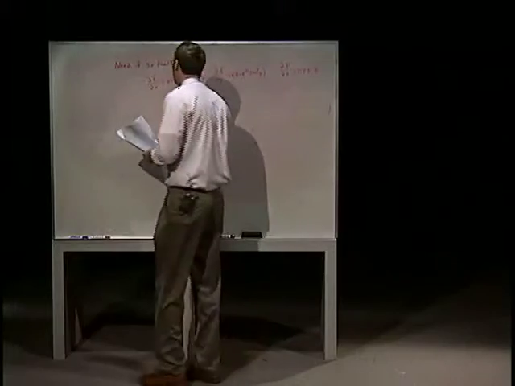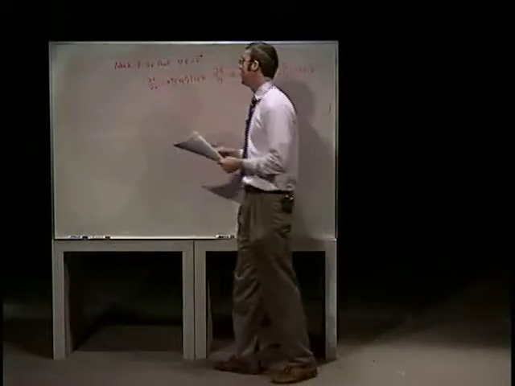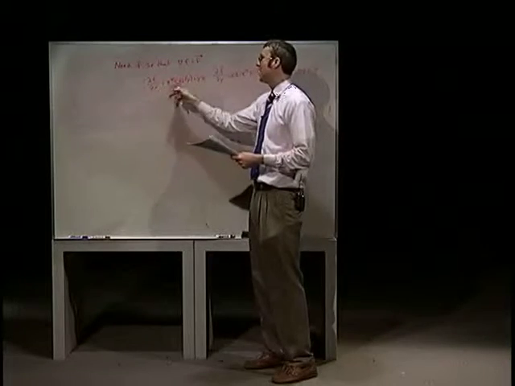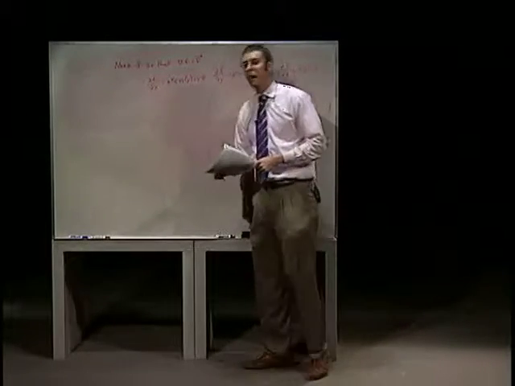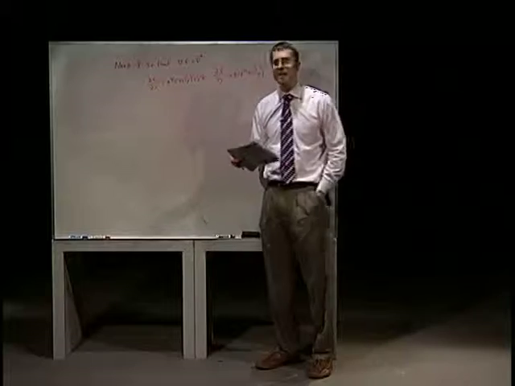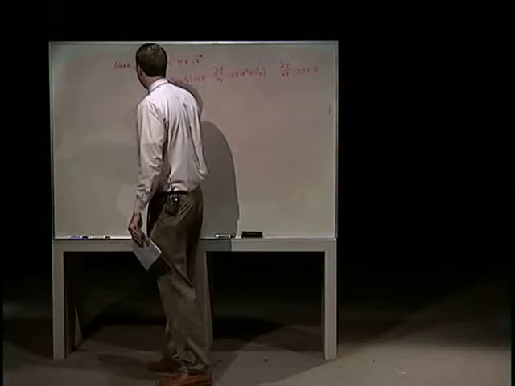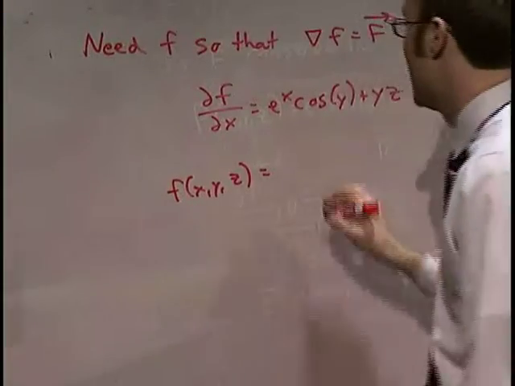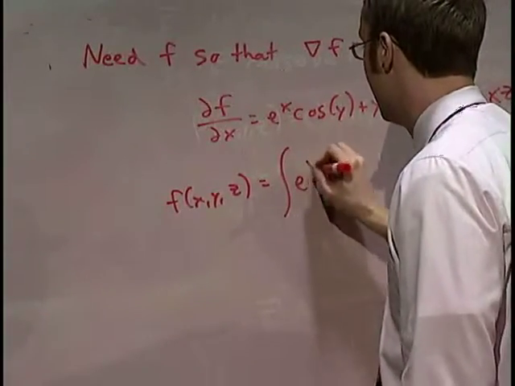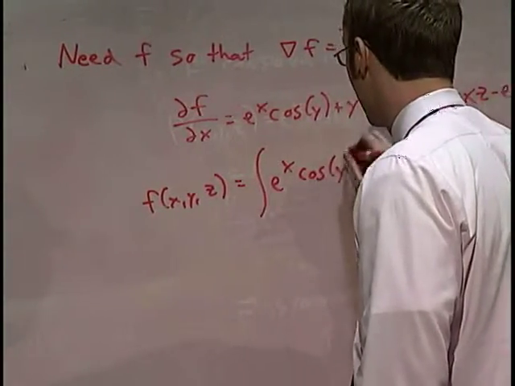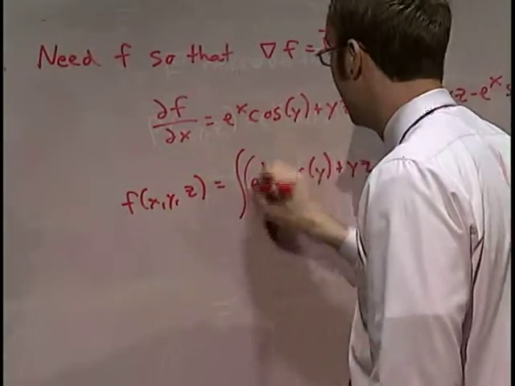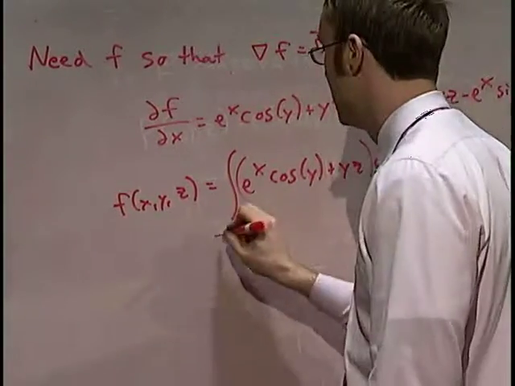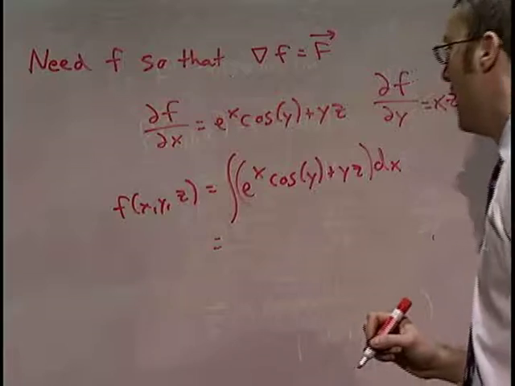Okay, so we'll start the same way. If we integrate both sides of this equality with respect to x, then on the left-hand side we'll get out a function of three variables, and on the right-hand side we'll get out the integral of e to the x cosine y plus yz dx, which is just what?